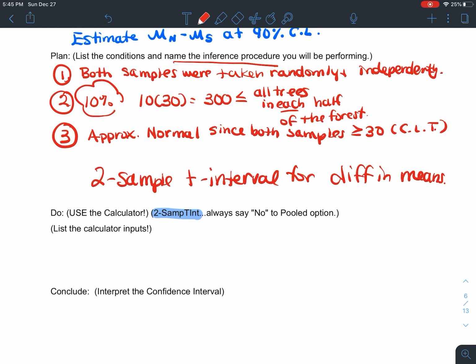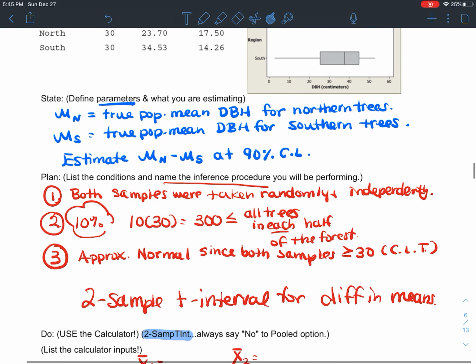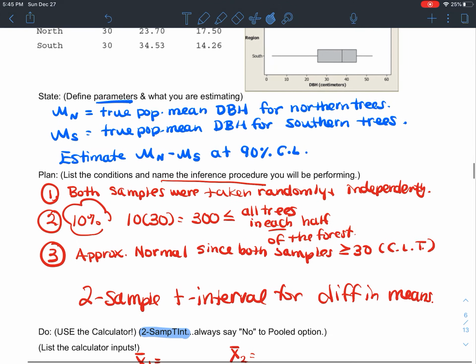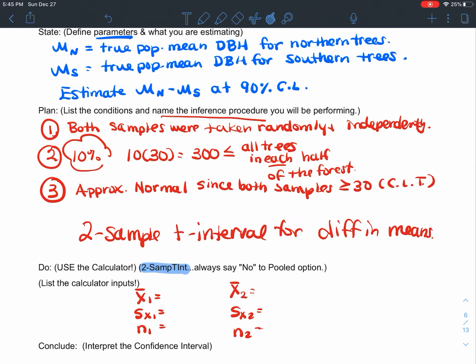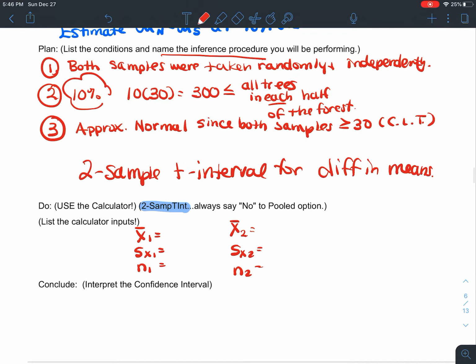You should always be recording what your calculator inputs are. It's going to ask you for the sample mean, the sample standard deviation, and the sample size for each of your two samples. This is just the information that's provided up above here. You can see they were each 30, and I'm basically just copying this down, telling the grader this is the information I put into the calculator.